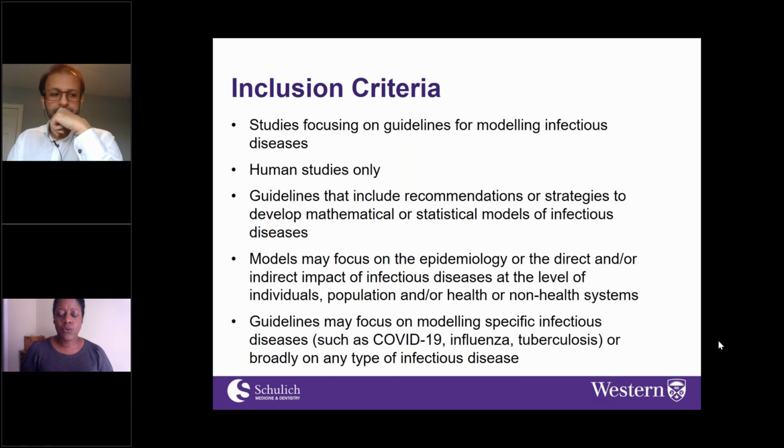The guidelines were pertinent to how to develop mathematical or statistical models of infectious diseases, and the models that were subjects of the guidelines should focus on direct or indirect epidemiology of infectious disease, either at the individual, population, health, or non-system levels. Guidelines could focus specifically on infectious diseases like tuberculosis or influenza, or broadly on infectious diseases in general.